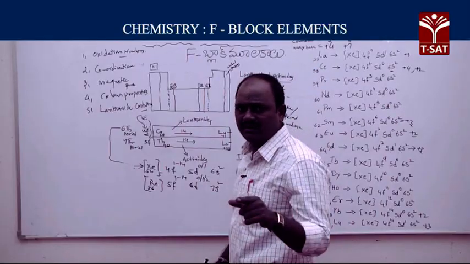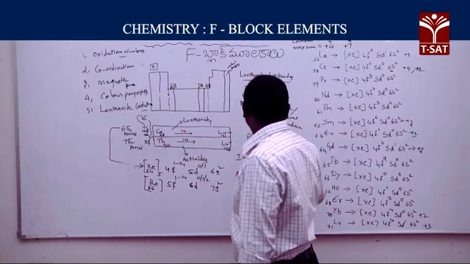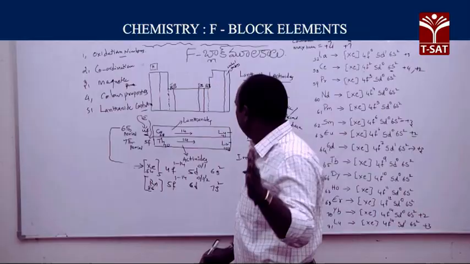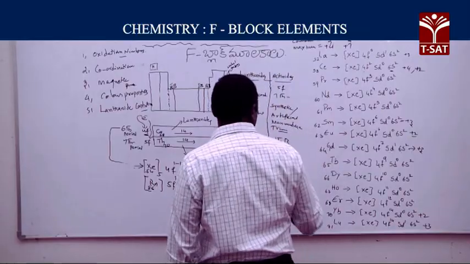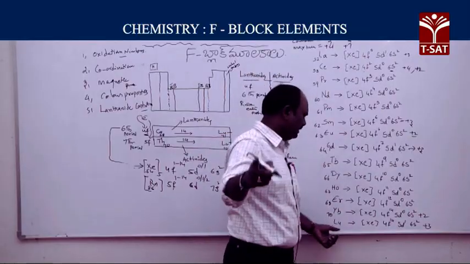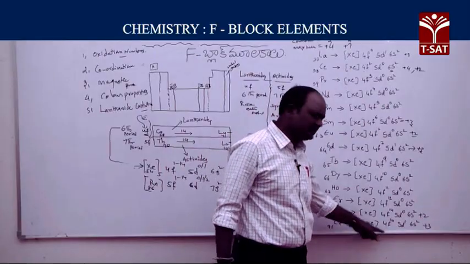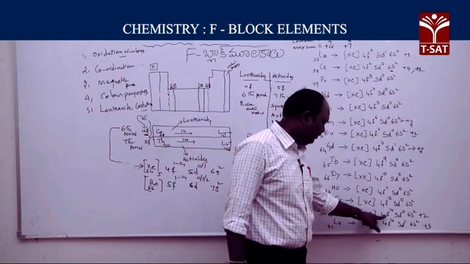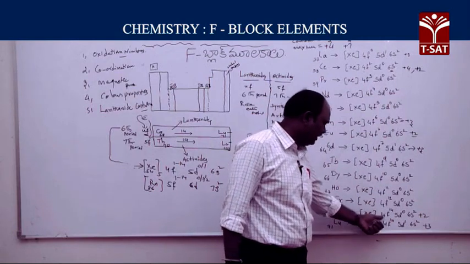To understand the oxidation number, definitely we should know the valence electronic configuration. In the case of lutetium, you can observe here an abnormal electron configuration. Before that element, it is 4f14 5d0.